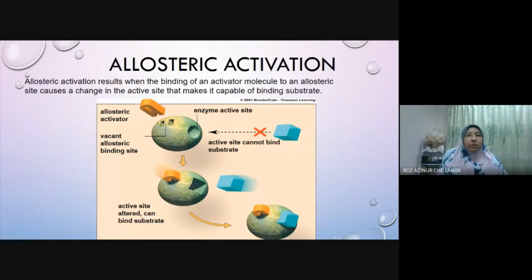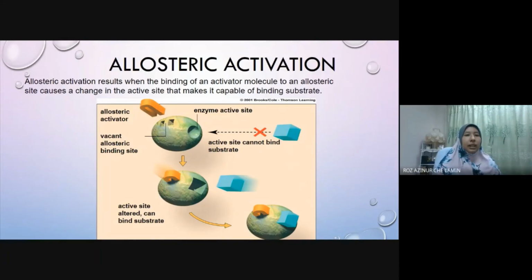Okay, now we move to the allosteric activation. Allosteric activation results when the binding of an effector molecule to an allosteric site causes a change in the site that makes it capable of binding substrate. Like here from the illustration, this is the enzyme. Okay, this is the active site.